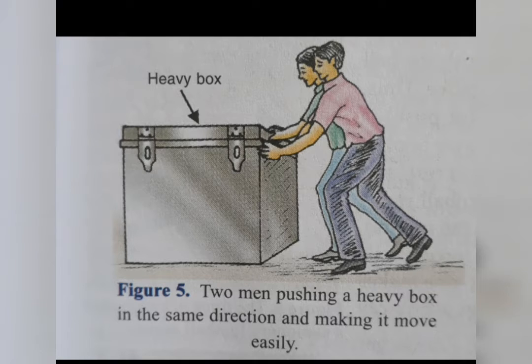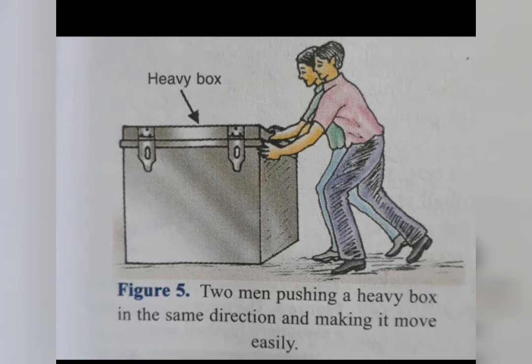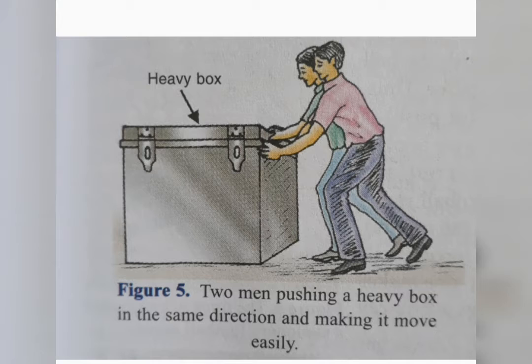Suppose there is a heavy box which one man can move only by pushing it very hard. Now, if two men push this heavy box and both of them are pushing it in the same direction, then it becomes much easier to move the heavy box, right? Why?